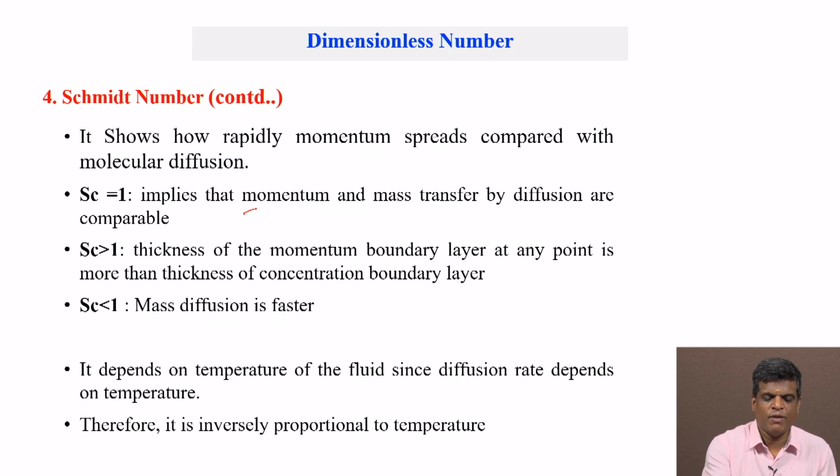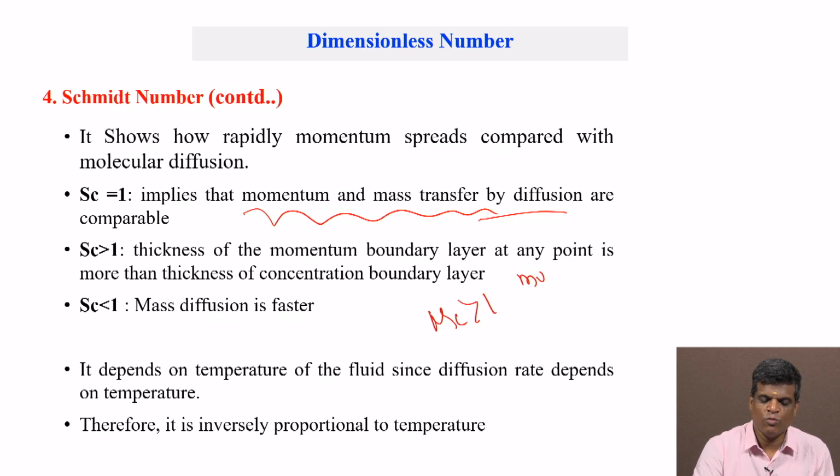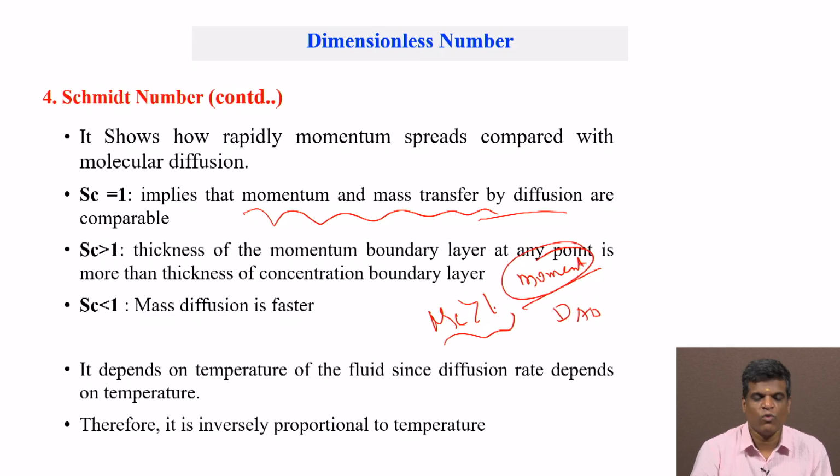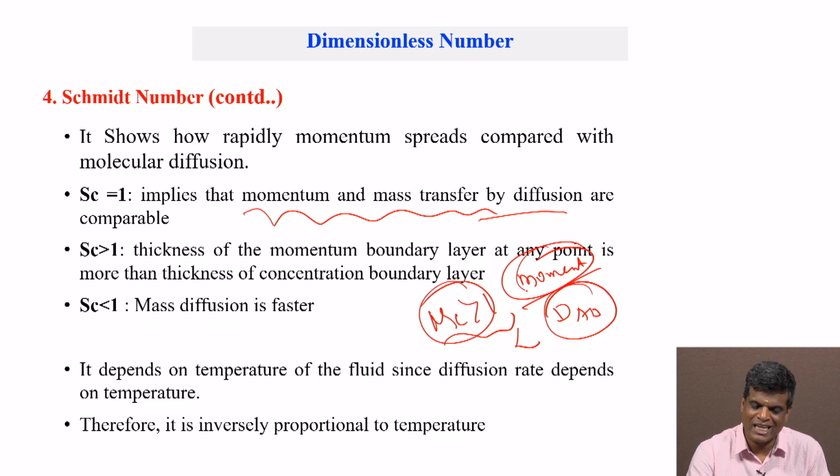If both are the same, then momentum and mass diffusion are comparable. If NSc is greater than 1, then the momentum is very high. If it is less than 1, the mass diffusivity DAB is higher, so mass diffusion is faster here.